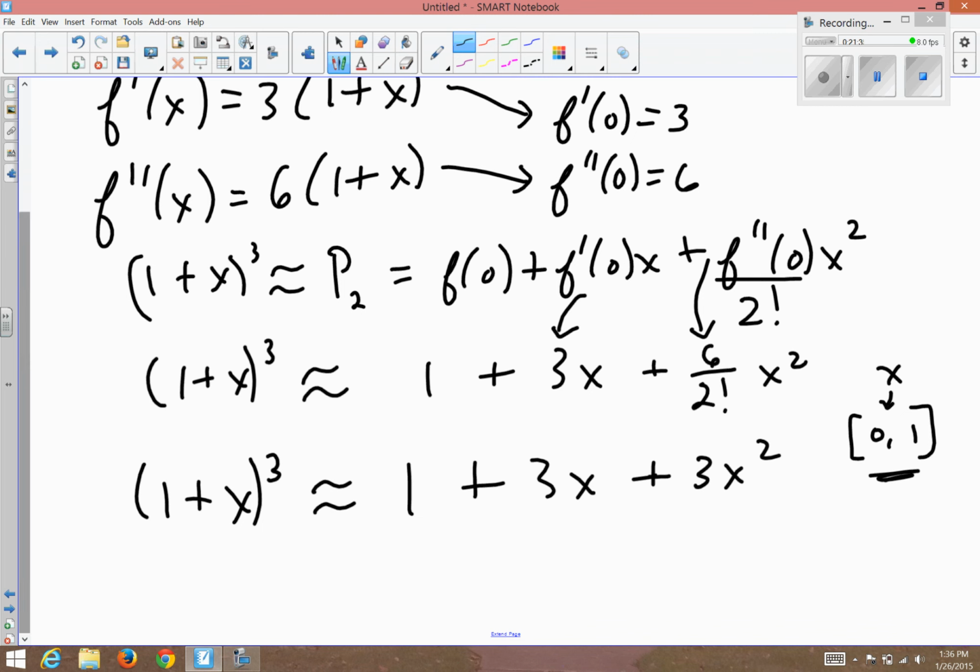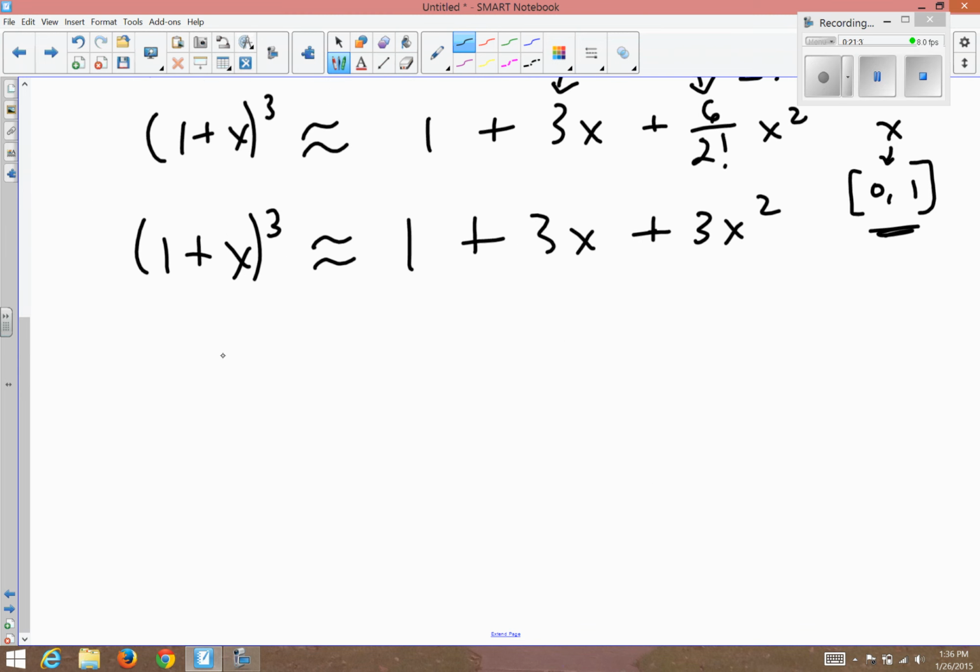So the question is, for what values of x will the error be less than 1/100th?